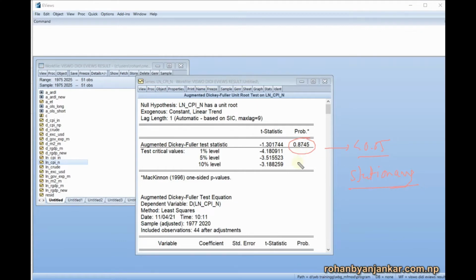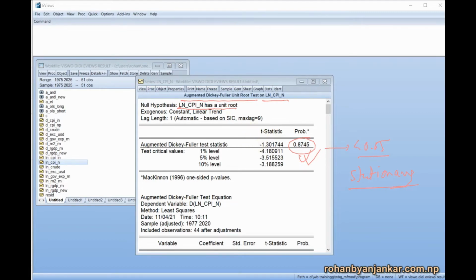then we confirm that the variable is stationary. This means that if this probability value is less than 0.05, then we confirm that the variable does not have a unit root, or the variable is stationary. So in levels, the ADF test confirms that the variable ln is non-stationary, and the same result has been derived from the correlogram also.